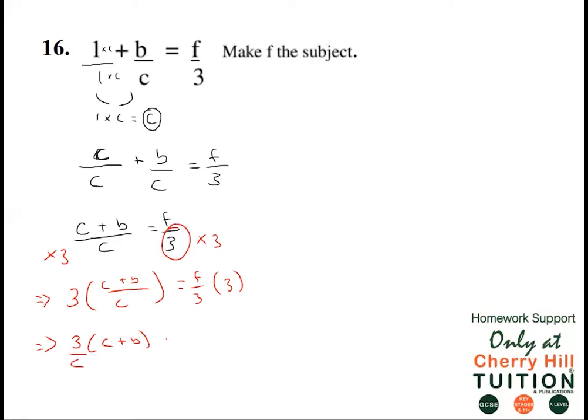And on the right-hand side, we are left with just f because the multiply by 3 and the divide by 3 cancel out. And that is your final answer. So f is equal to 3 over c multiplied by c plus b. Okay? So hopefully this question made sense. Again, pause this video and try this question on your own.